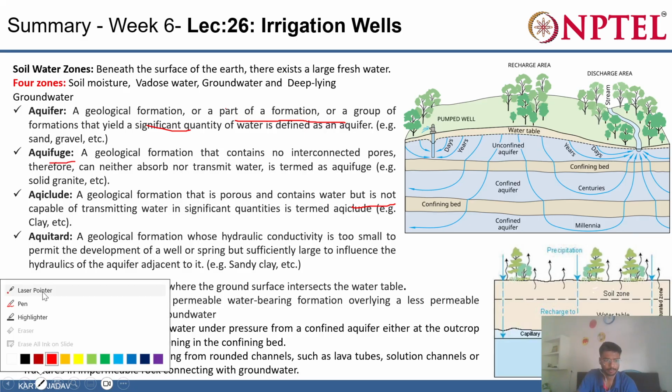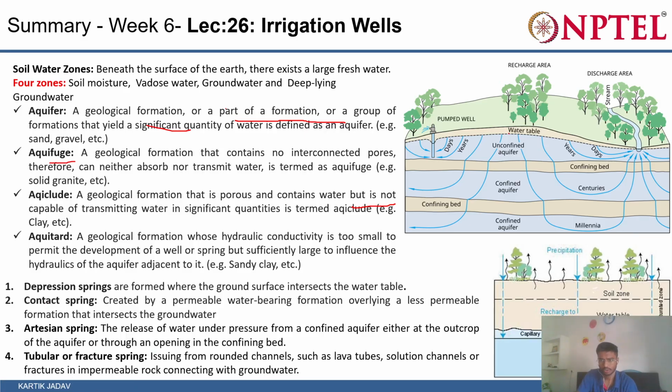Now, you can also see the time required for natural rainfall or glacier water to reach the groundwater aquifer. It is very high for a confined aquifer. Suppose you have a tube well at your farm and you are tapping a confined aquifer that has a deeper layer and extracting water.